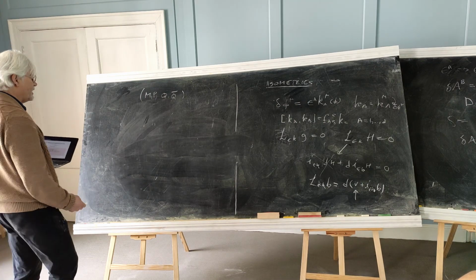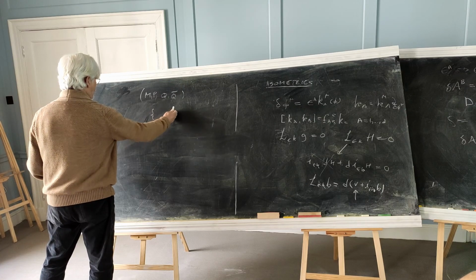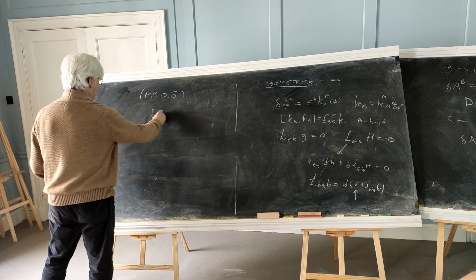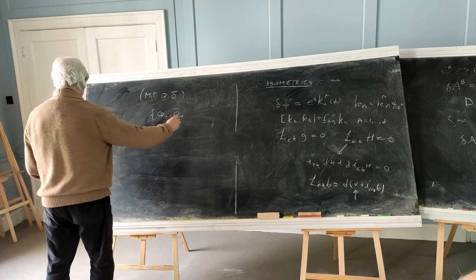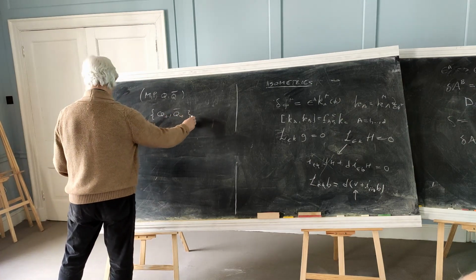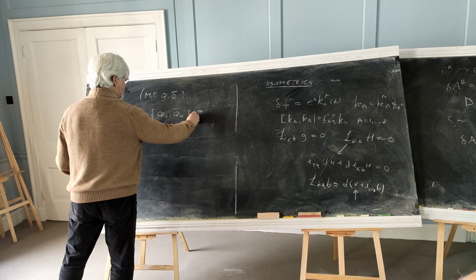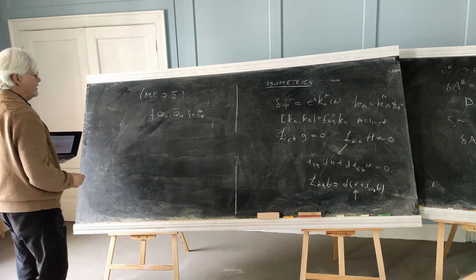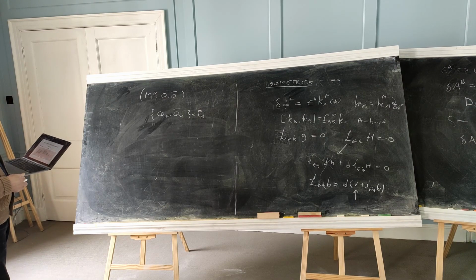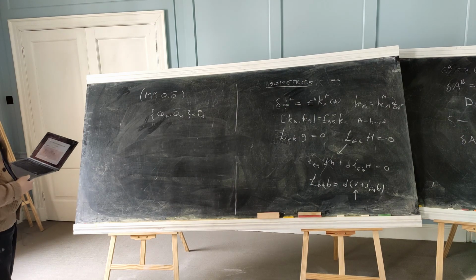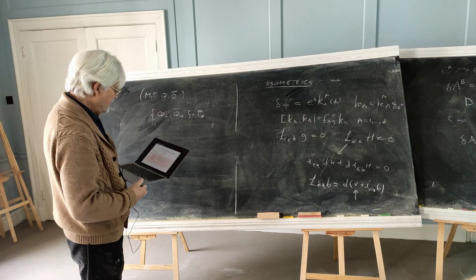We really only need the algebra, which is P++, and similarly P minus minus. This is in 2 dimensions, and it's 2,2. That's why these are complex.